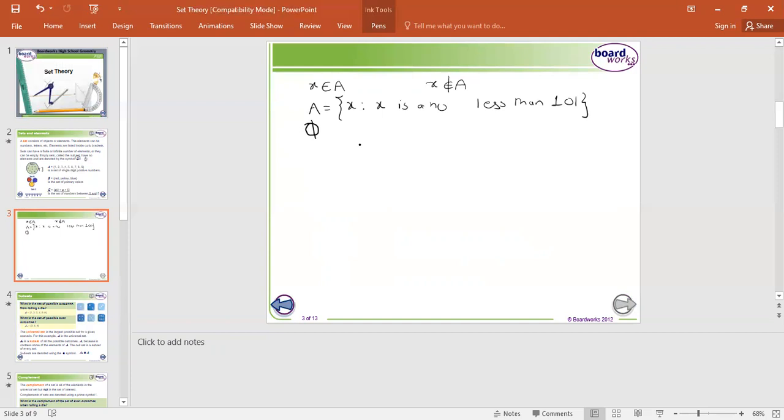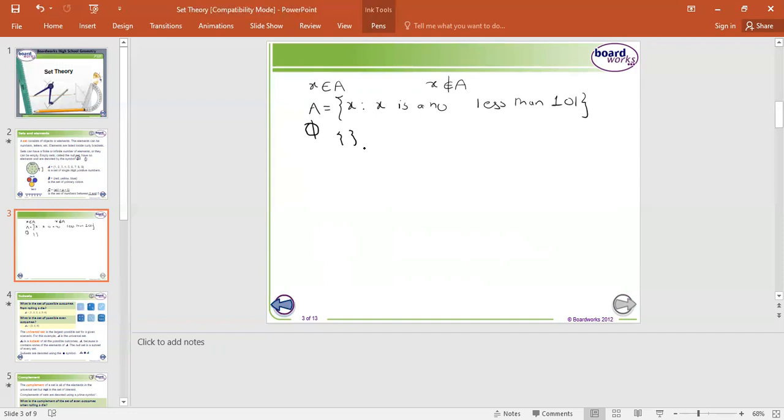Sometimes it is also represented as curly brackets. Okay, only brackets. This is the empty set. Then A is a set of natural numbers whose square is negative.